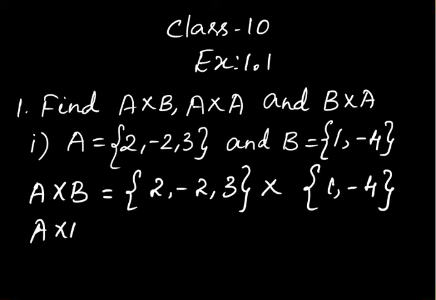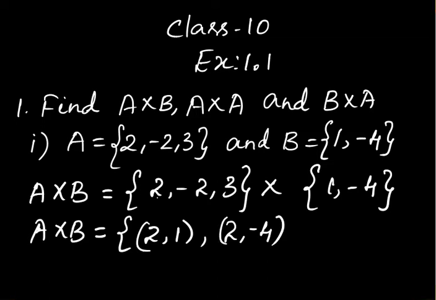A cross B is equal to flower bracket, start with the first number 2. So 2 has to be paired with the first element of B. So 2 comma 1. The next pair will be 2 comma minus 4. Now the first element is done. Now go with the second number, that is minus 2.